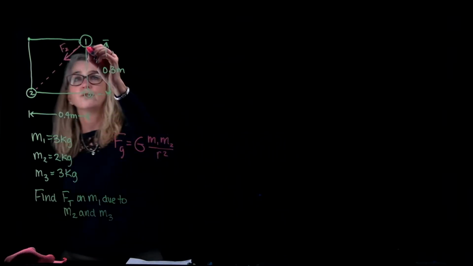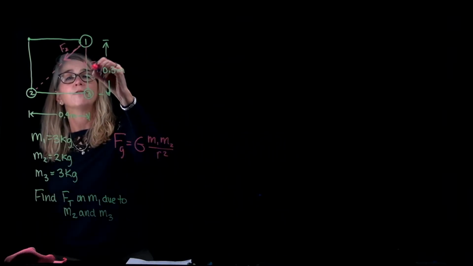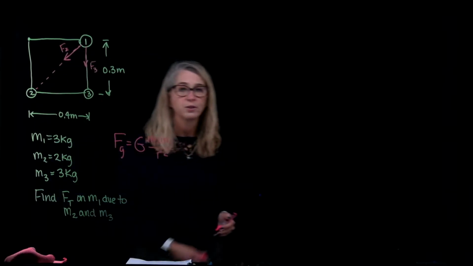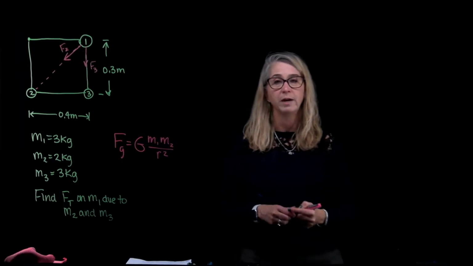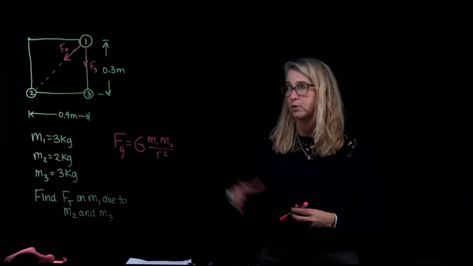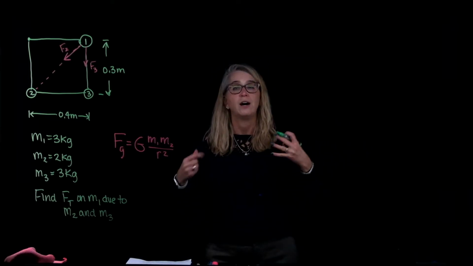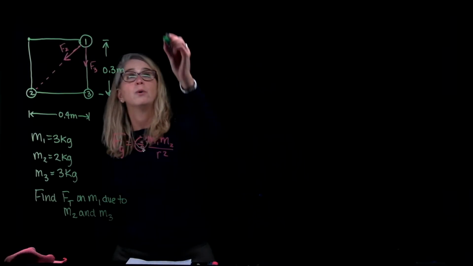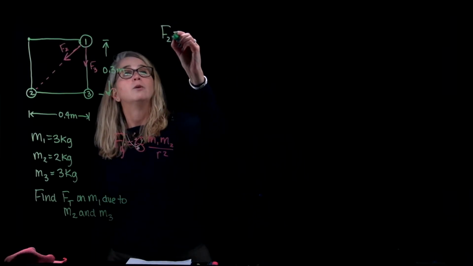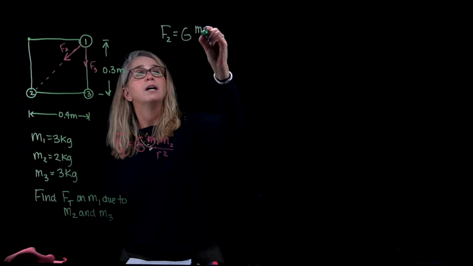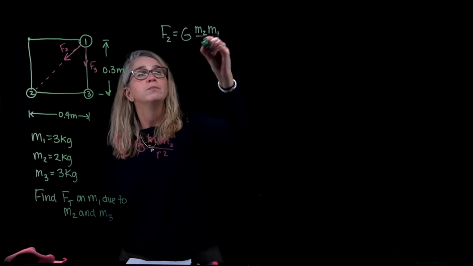I also am going to draw F3. That's the force that mass 3 exerts on mass 1, again attracting it, but it's going to be in the downward direction. Now I want to just figure out how big the forces are. So F2 would be big G, mass 2, mass 1, over the distance between them squared.